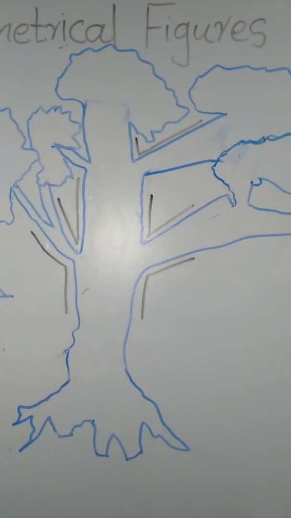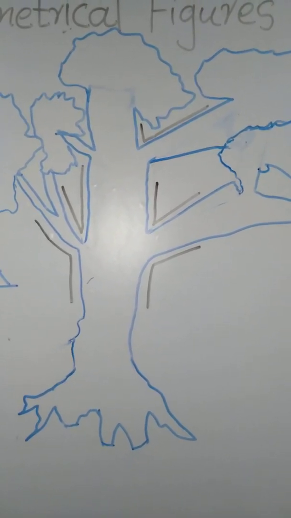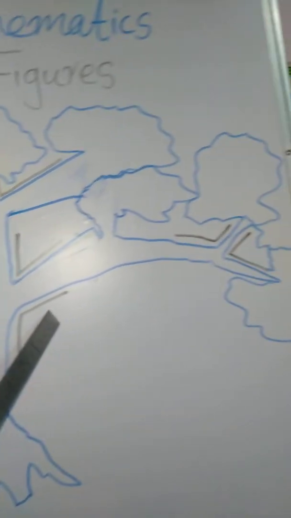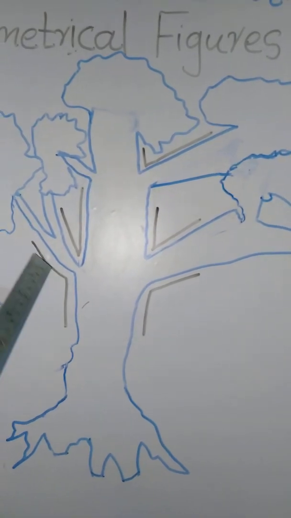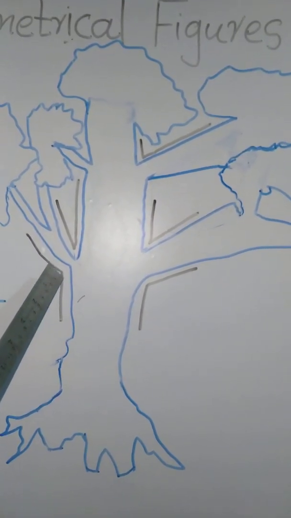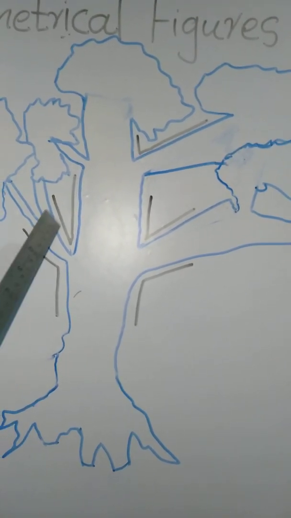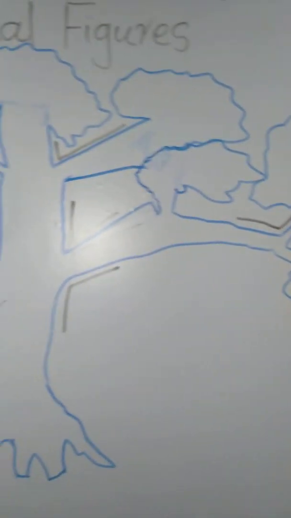Students, in your surroundings, if there is a tree, you can observe these angles between the trunk and the branches. I showed these angles by the black lines.